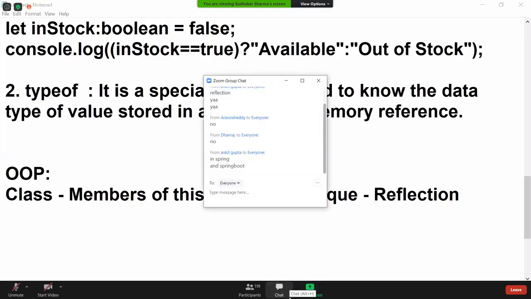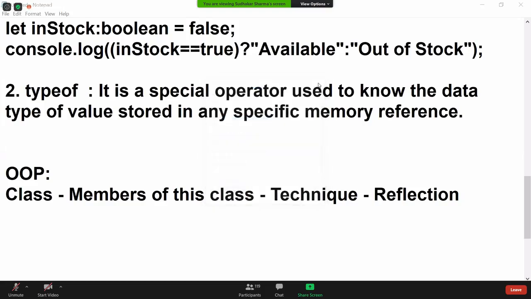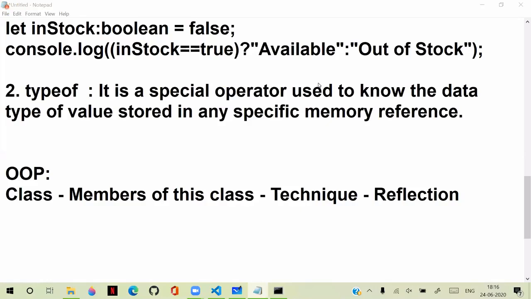Reflection is used for understanding the metadata of your class, the data about your class. That is another point which you can use in TypeScript also. In TypeScript object-oriented programming, I will show you how these techniques are used when we learn about the class concept. But important is, anyone who knows about object-oriented programming knows this is called reflection. It is there everywhere.